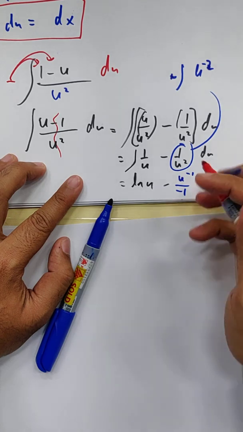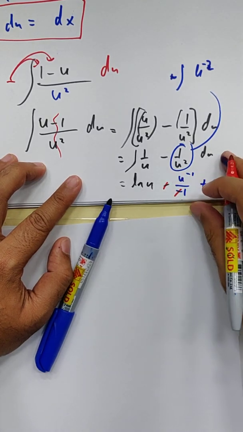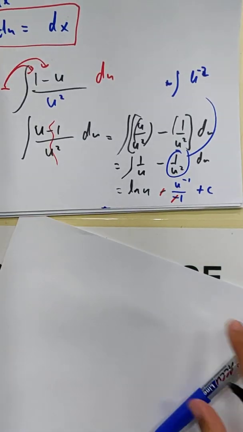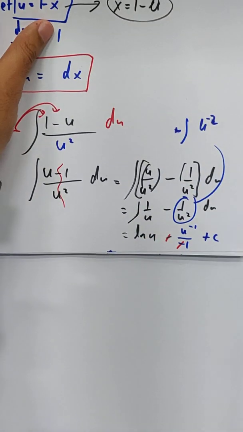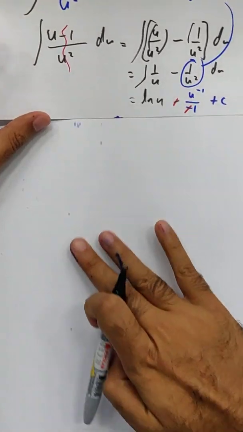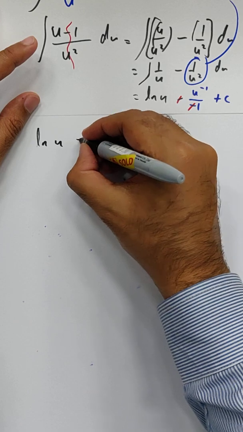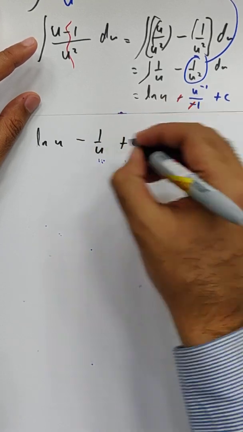Plus c, and of course you can rewrite the whole thing. One moment. Ln u minus 1 over u plus c.